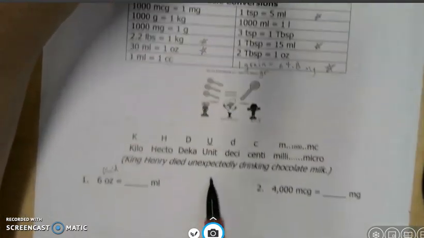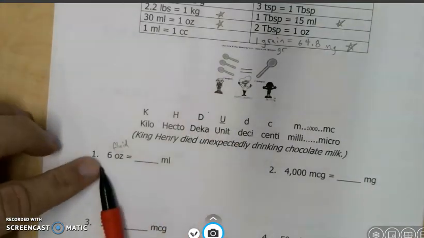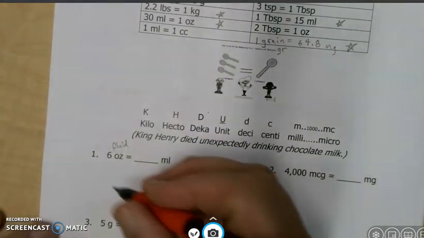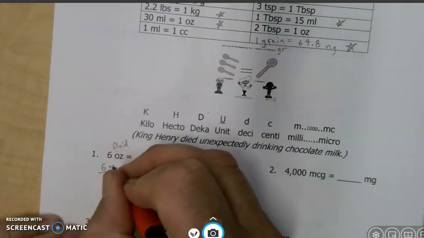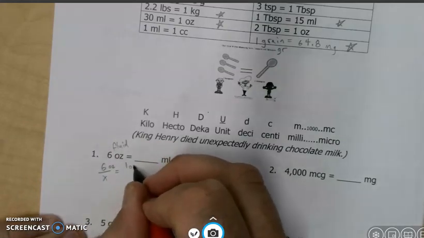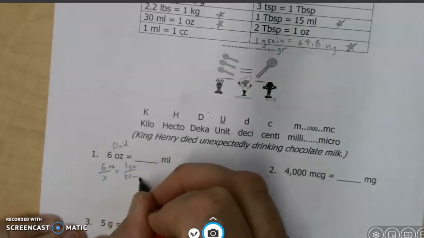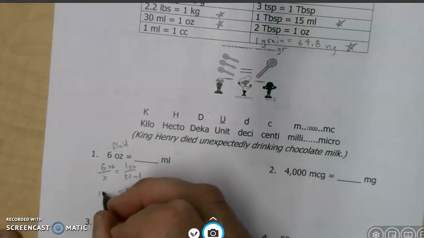So a very straightforward way to do this is if 1 ounce is 30, then 6 is 6 times 30, and that gets you the answer. If I were to set it up as a proportion, I would say 6 ounces is to some unknown milliliter, just as 1 ounce is to 30 milliliters. And then if I cross multiply, I get x equals 180.